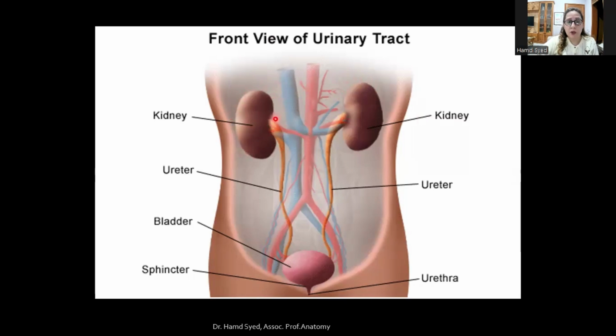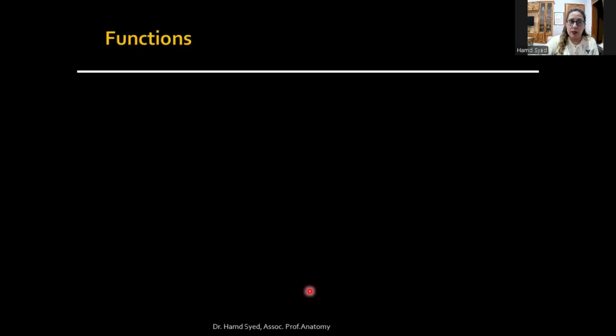Emerging from the concave medial border, this here is the area which is known as the hilum, where the blood vessels enter and where you can see the ureter exits from each kidney and it then transports the urine to the urinary bladder. And then it will eventually be extruded through the urethra.